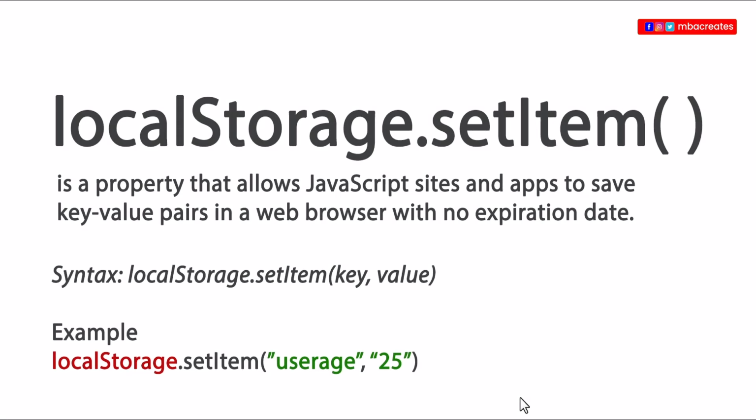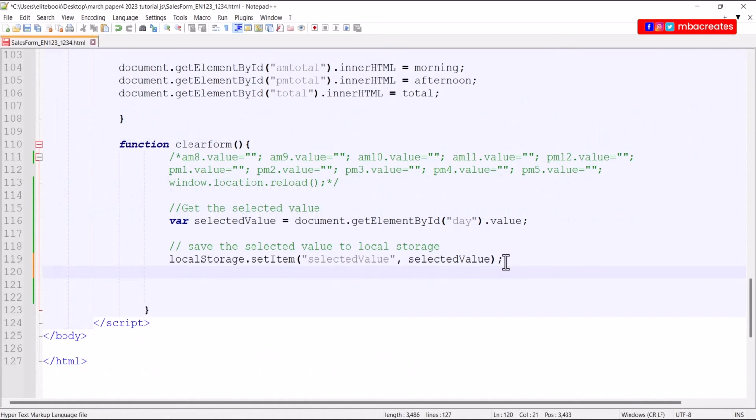The localStorage method allows JavaScript sites and apps to save key value pairs in a web browser with no expiration date. Next, we reload the page and close the function.